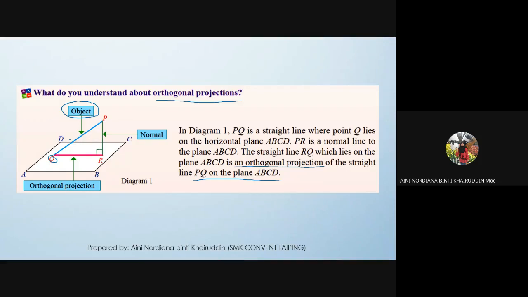So what is the normal for this plane and line PQ? So this R you have to add yourself. So P to R, PR is normal to this object.